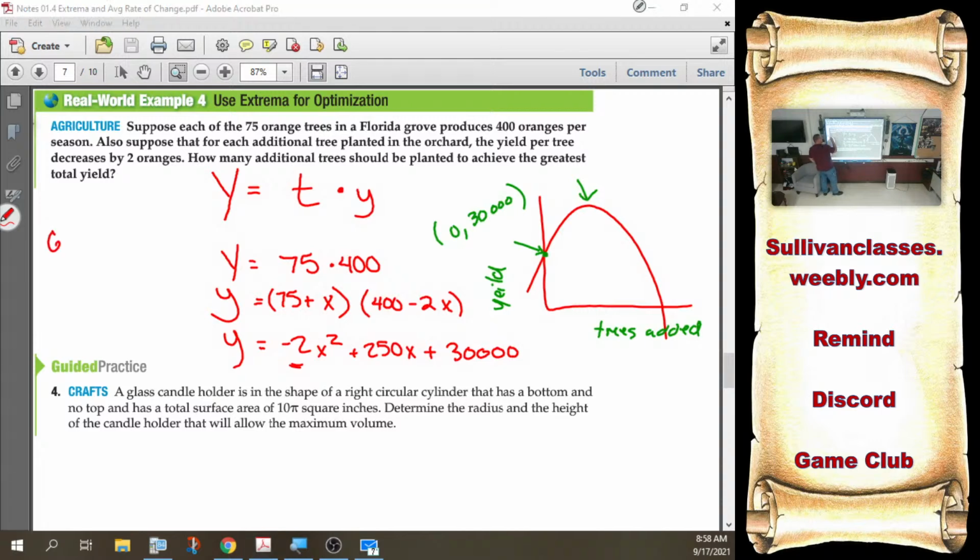I'm going to say 62 additional trees, and it's going to give me a yield of, what was that, like 31.8 something? 37,812 oranges.